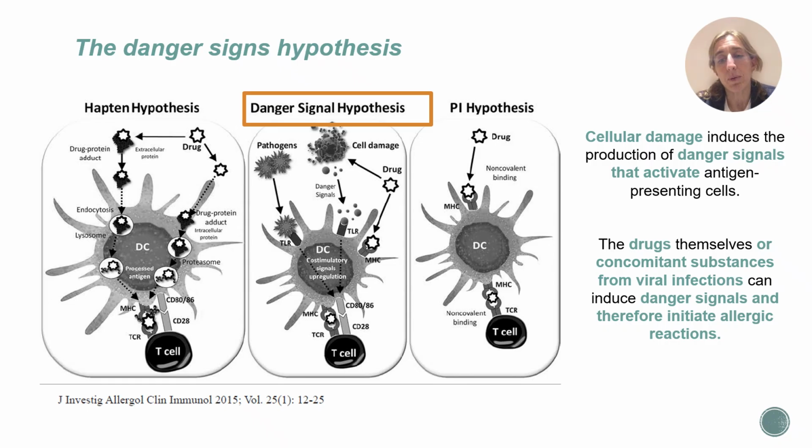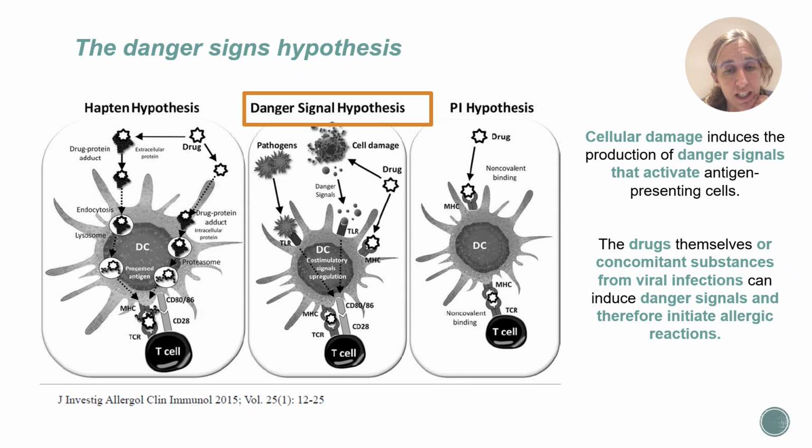And also very interesting, we have the danger signal hypothesis, in which cellular damage also induces the production of danger signals that activate the antigen-presenting cells. So here, the drug is causing cell damage, and the cell damage is creating danger signals that are activating dendritic cells on TLRs, and this is very powerful.